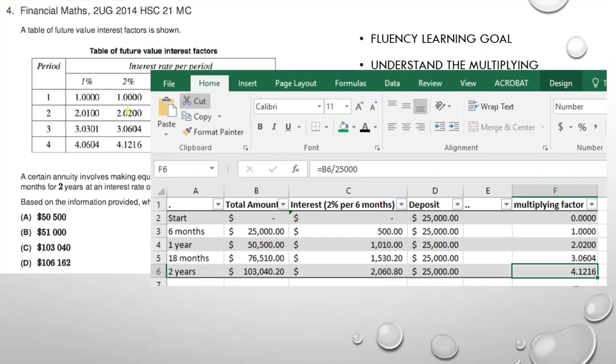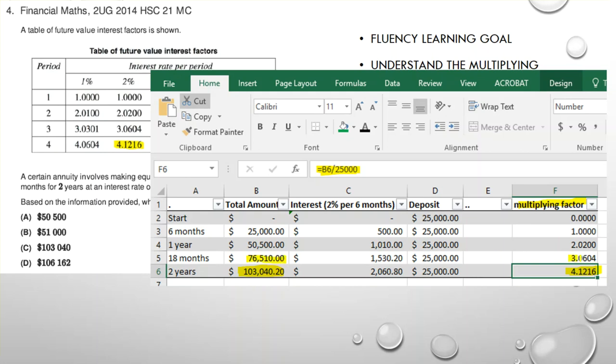Where do these numbers come from? So the multiplying factors, you can see for B, the rule is here. B6 divided by 25,000, B6 is here. So if we divide this number by what we started with, we get this number in the table. After 18 months, we had 76,510.